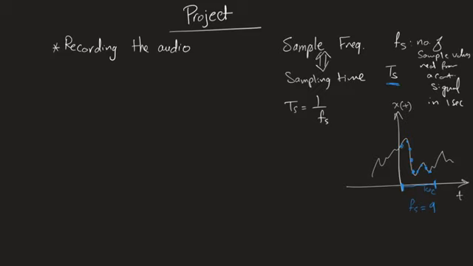Whenever you are recording your audio on the computer, whatever recording tool or software you are using, MATLAB or anything else, you will find that parameter and it has a default value. Most of the time it's 8,000 samples per second. Okay? That's the default value, but it's not the only possible value. You can change that, you can increase it, you can decrease it. What is a good value? We will discuss that later on when we talk about sampling.